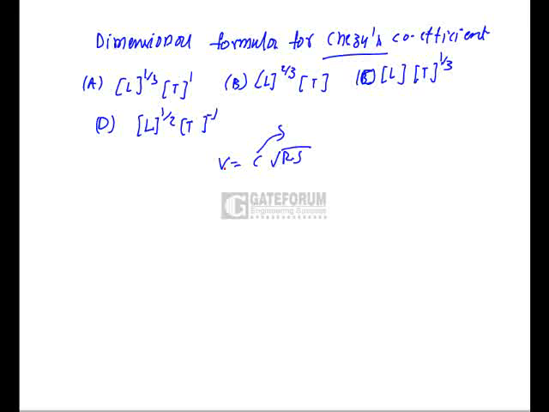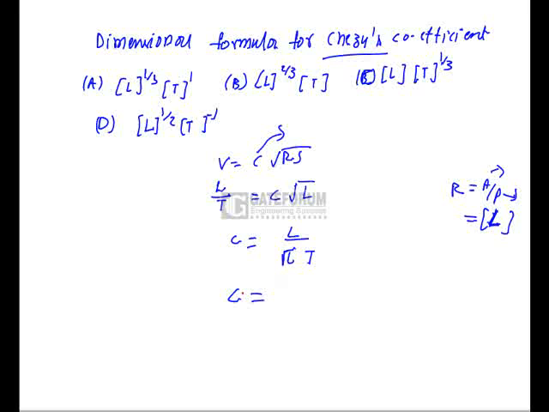If you see the dimensional equation, V is L by T, C root R S. R is wetted perimeter, not wetted perimeter, hydraulic radius, that is A by P. R is equal to A by P, so we will get L, because it is area over wetted perimeter, and the dimensional formula is L. So root L. C is equal to L by T divided by root L, that is equal to C, dimensional formula is L power 1 by 2 T power minus 1. So option D is correct.